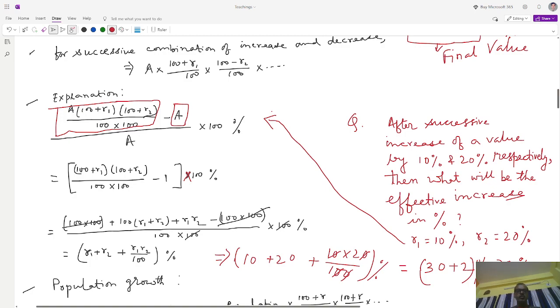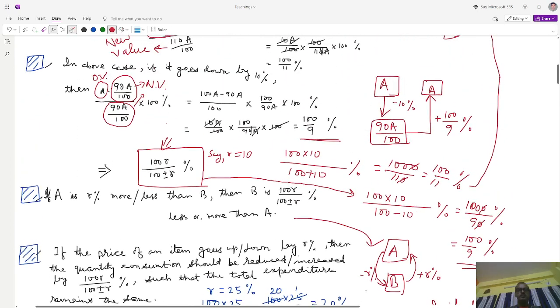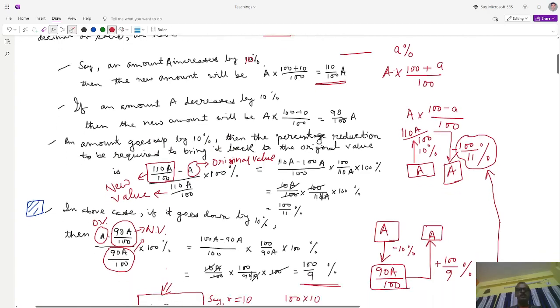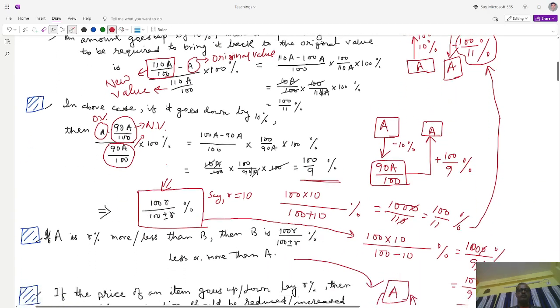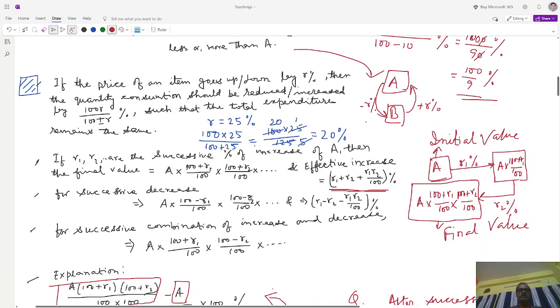So in all these cases, when you face these problems, you have to go to the first generalized expression and then put in the values according to the question and get the result.